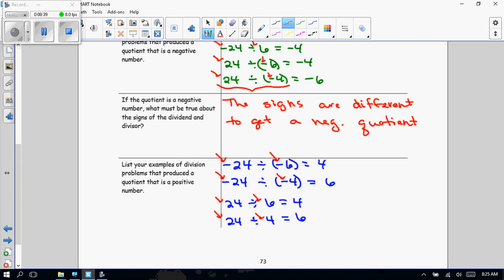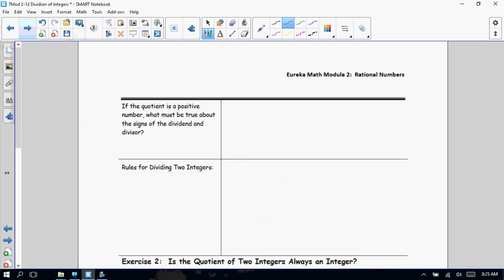The second 2 are both positive. So what could I say? I can say that both the signs are the same to get a positive quotient.